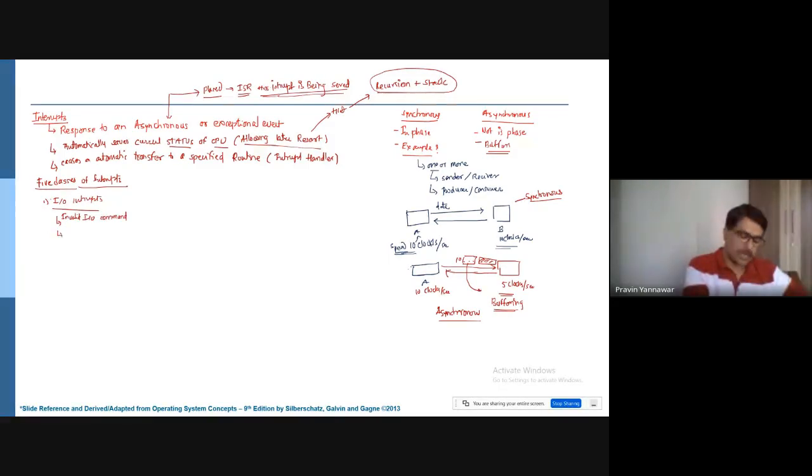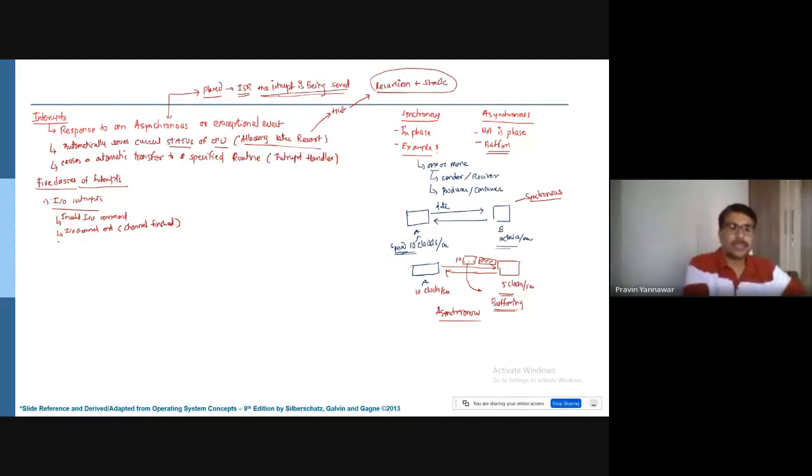Then, if an IO channel is being requested, it is related to the channel which you are going to use, and the IO channel end occurs when the channel is finished.